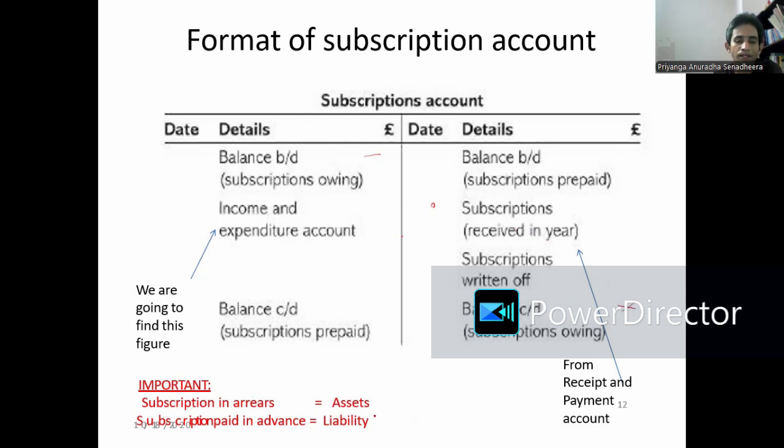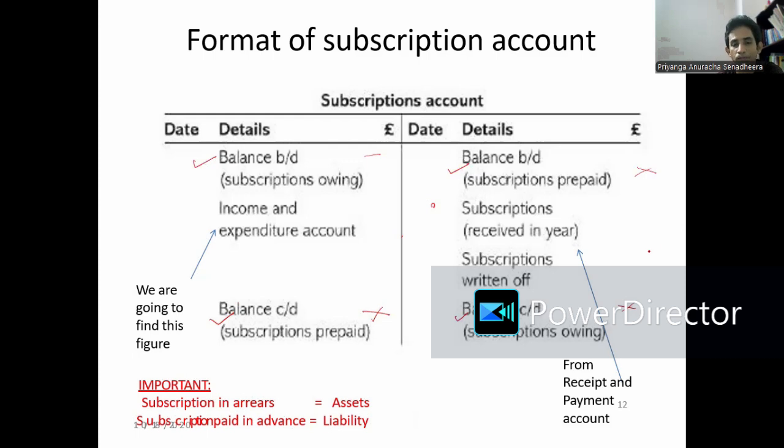Then when you look at the subscription paid in advance, liability, opening liability is always on the credit side here. And the closing balance of subscription paid in advance, since its opening balance is here, closing balance is here. Okay, so important three items were recorded. Subscription arrears opening and closing recorded, and subscription paid in advance opening and closing is recorded.